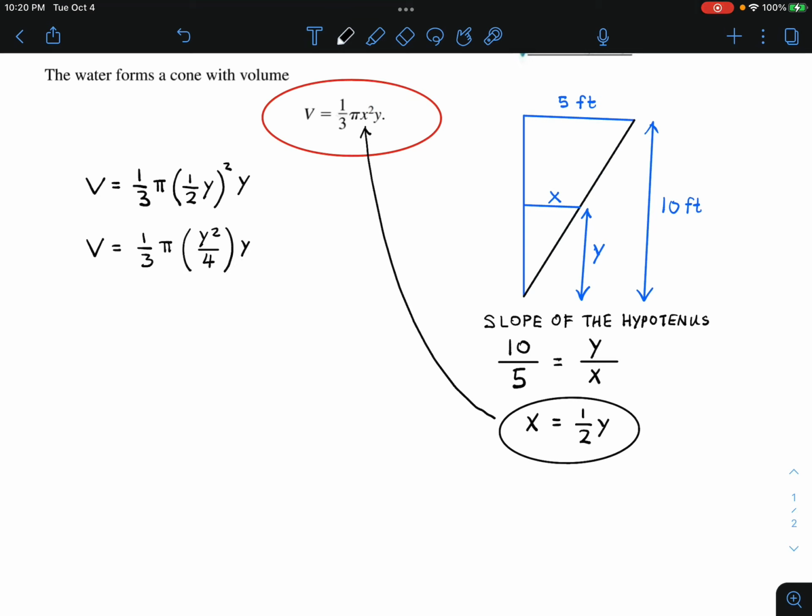In fact, this is one place that I made a small mistake in my calculation in class. In particular, the denominator here should be 4 after you square.